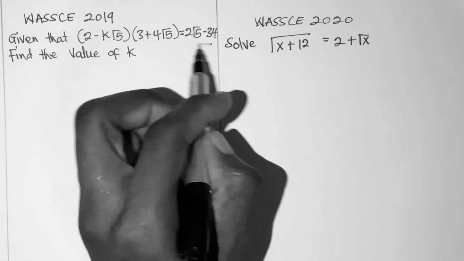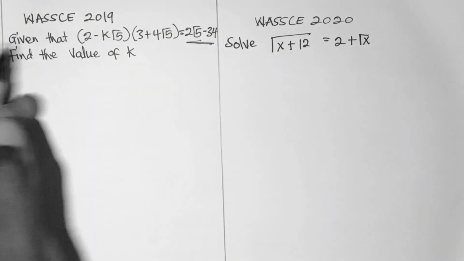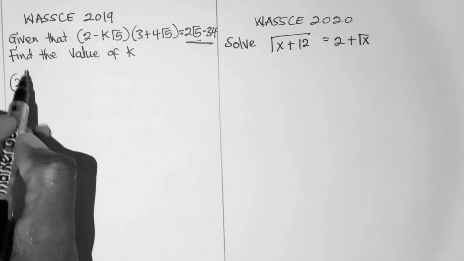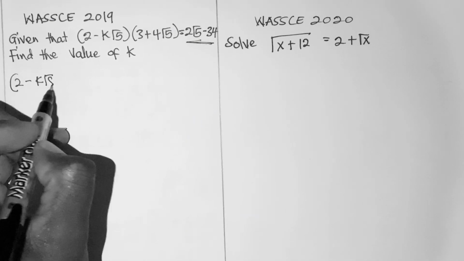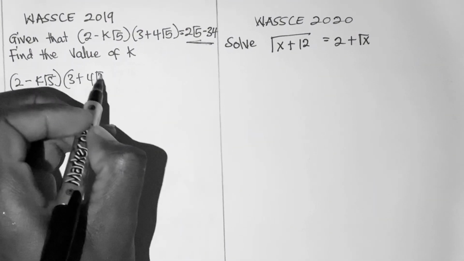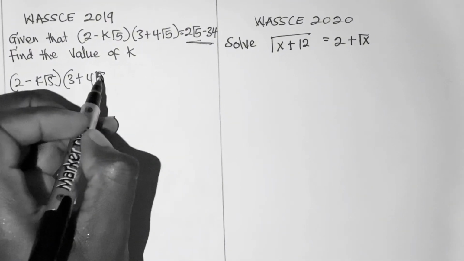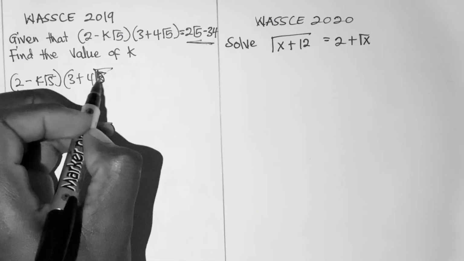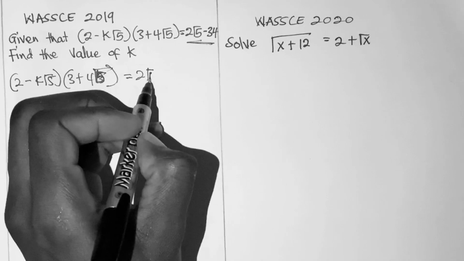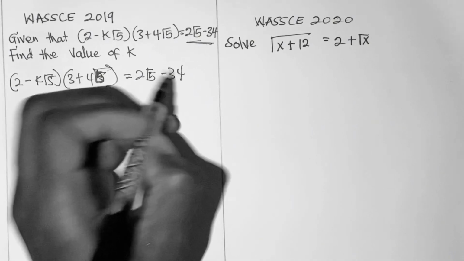So let's expand it. Let me rewrite the question. (2 minus k root 5) times (3 plus 4 root 5), sorry, 4 root 5. Yes, root 5. Then equals 2 root 5 minus 34.